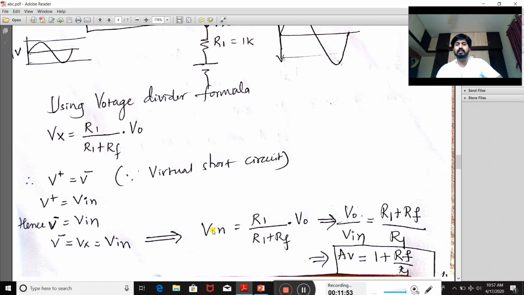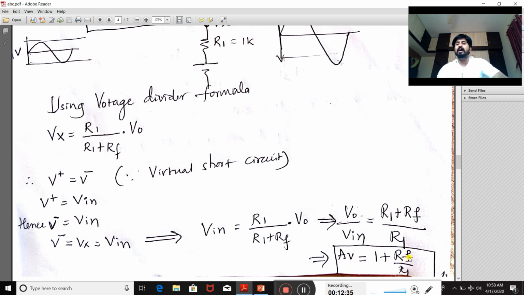Now take this V in to this side and send the resistors to the other side. So V0 by V in is equal to R1 plus Rf in the numerator and R1 in the denominator, so it becomes 1 plus Rf divided by R1. That's it. Now V0 by V in, output divided by input, is the gain, and the gain of the non-inverting operational amplifier is 1 plus Rf by R1.